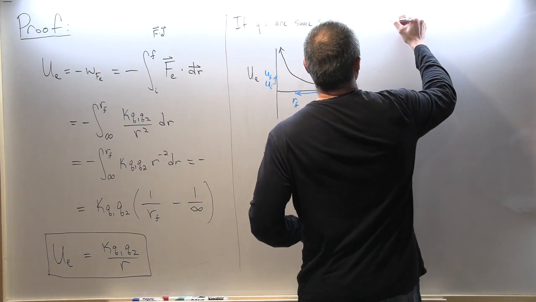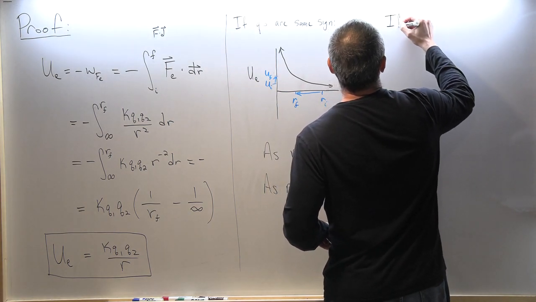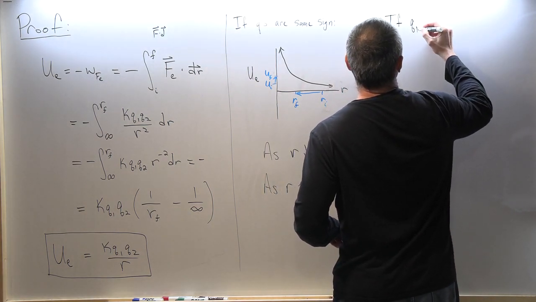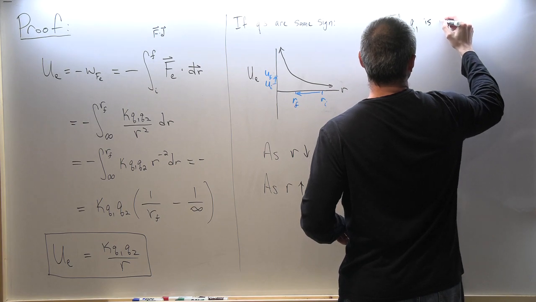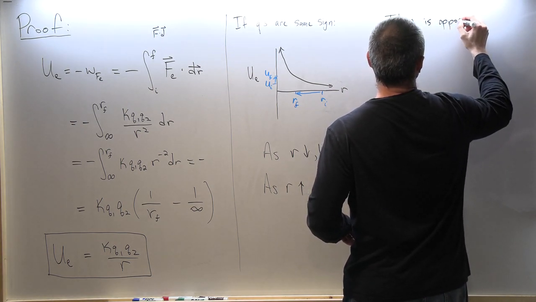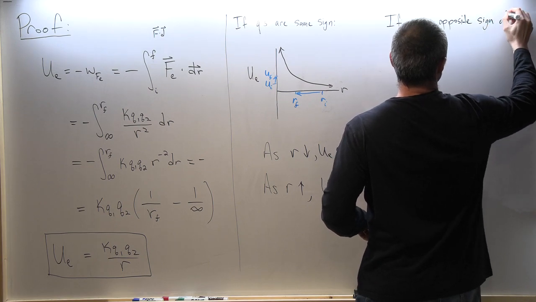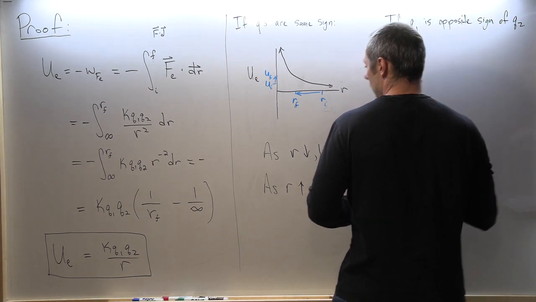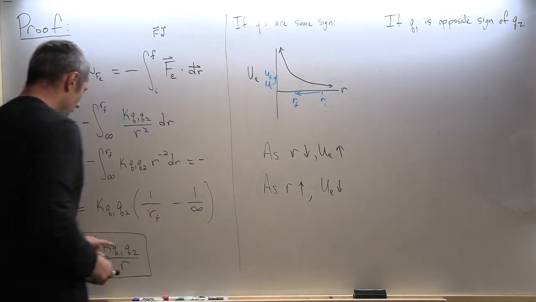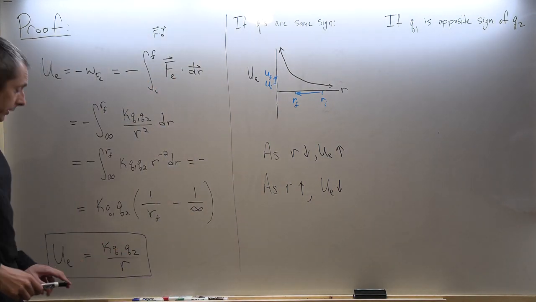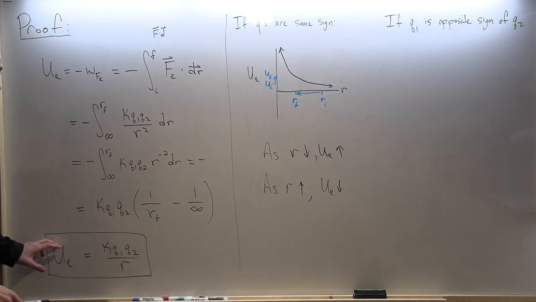What about if the charges are opposites? Well, then you plug in a positive number here and a negative here, you're going to get a negative answer for potential energy.